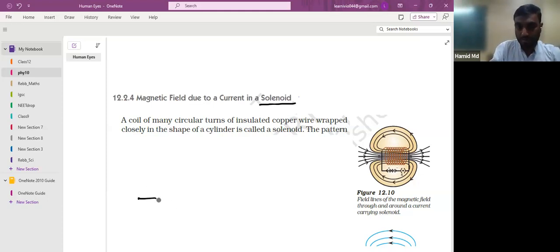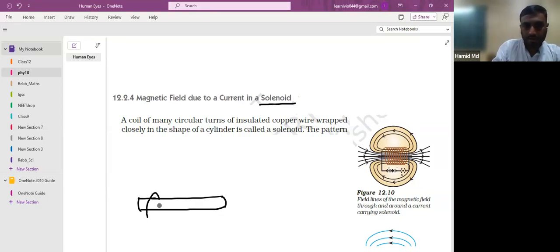One of the components you might have seen: suppose this is a rod, and this is being wrapped by a closely packed copper wire.